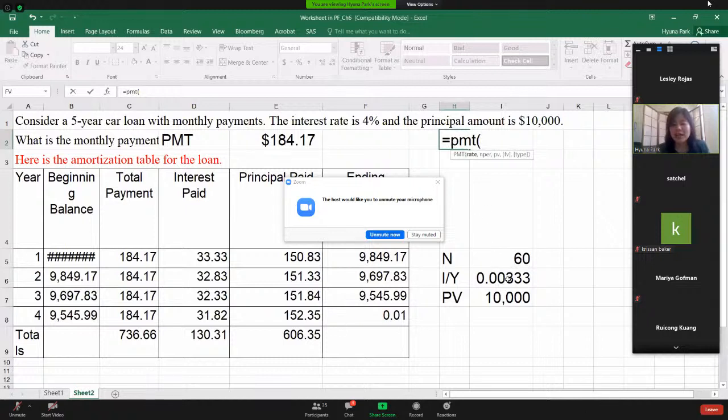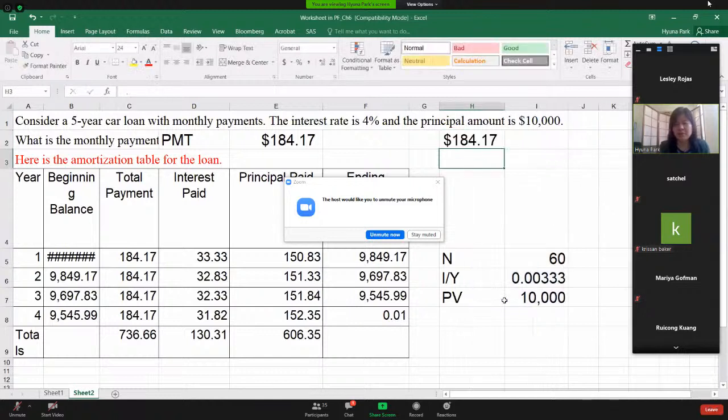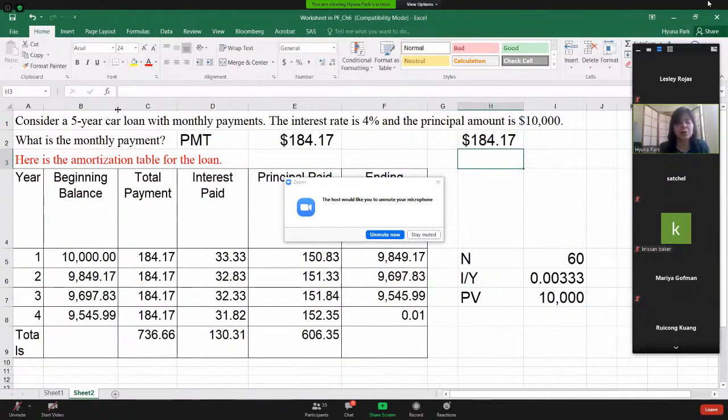The rate should be here, the number of periods here, and we are borrowing $10,000. The payment, yeah, we got it right. So the payment is correct. The beginning balance is $10,000, and the payment is this.